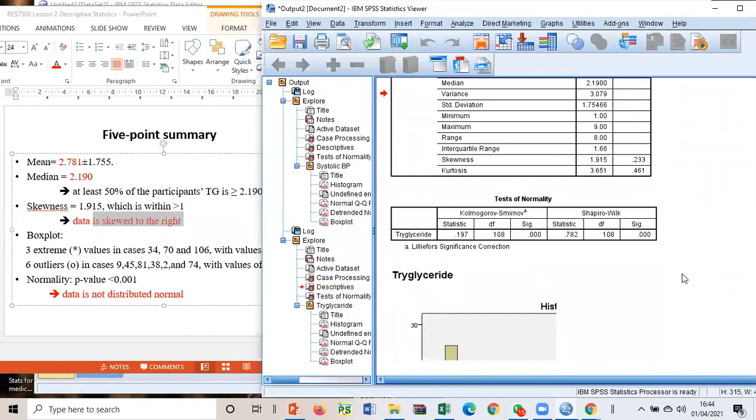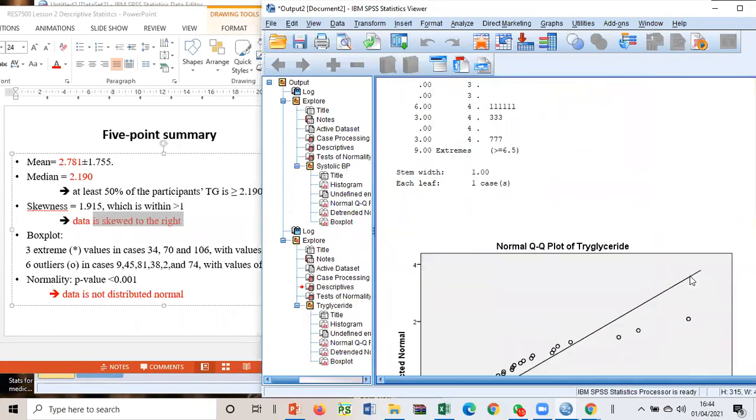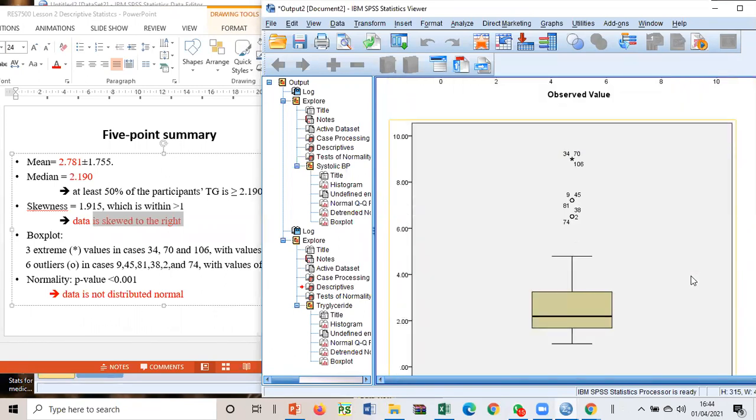Box plot. How many cases here? These are case numbers. 3 cases: case number 34, 70, 106. Approximately, what's the value? Project to this axis. 9.